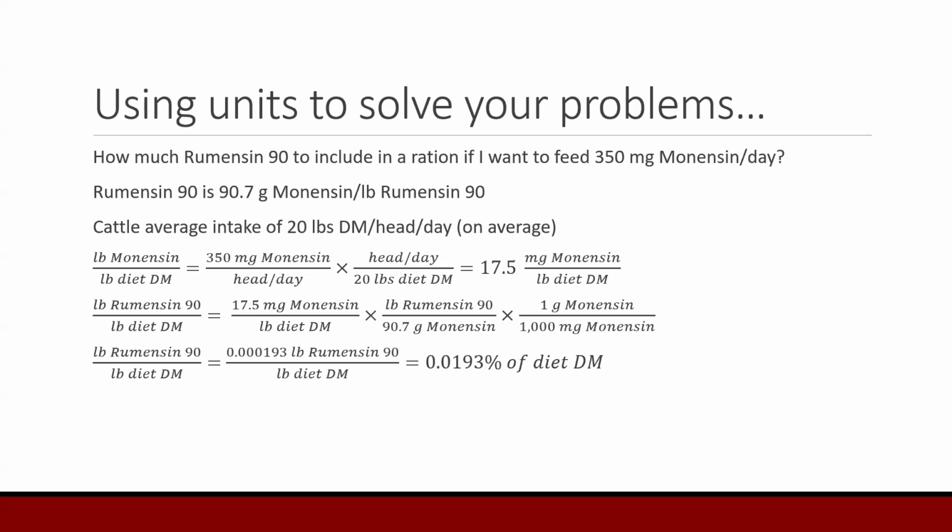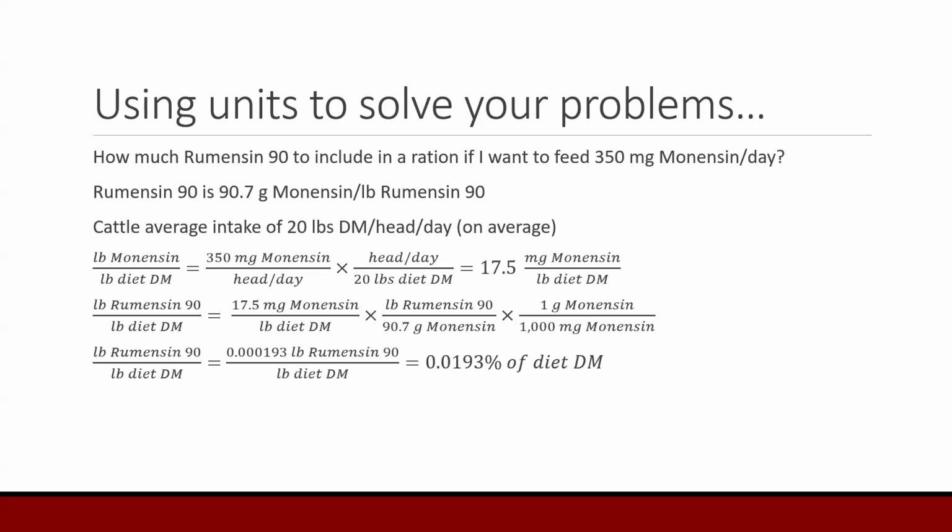We know there's 90.7 grams of monensin per pound of Rumensin 90. So 17.5 divided by 90.7. Well, that's grams and not milligrams, so we know there's 1,000 milligrams in a gram. So 17.5 divided by 90.7 divided by 1,000 milligrams per gram.